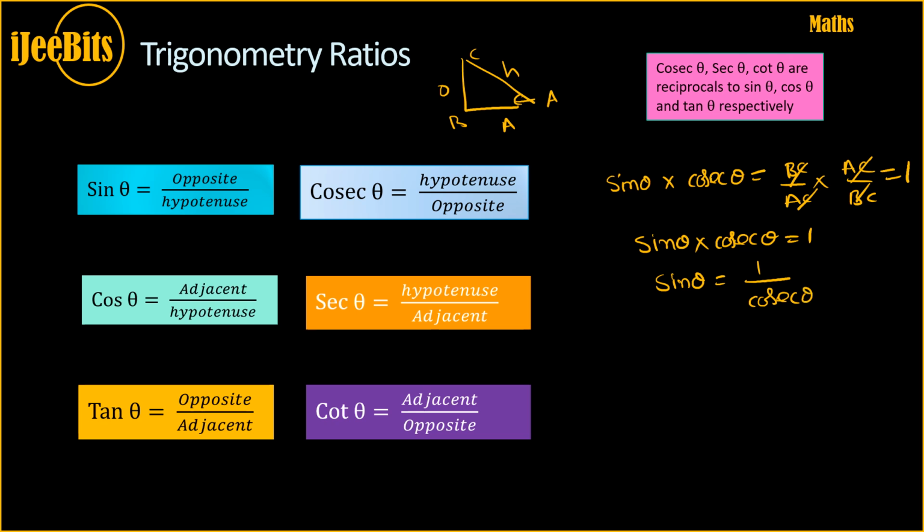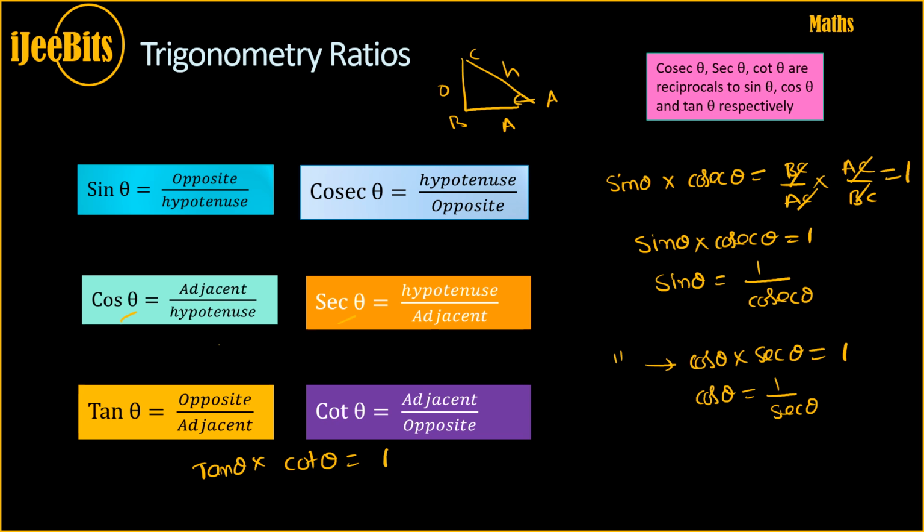Similarly, you can see cos theta and secant theta, right? Cos theta times secant theta is also 1, because both are reciprocal to each other and you can cross them over so that the result is only 1, or else cos theta equals 1 by secant theta. Similarly, tan theta times cot theta is also nothing but 1 because of the definition, right?